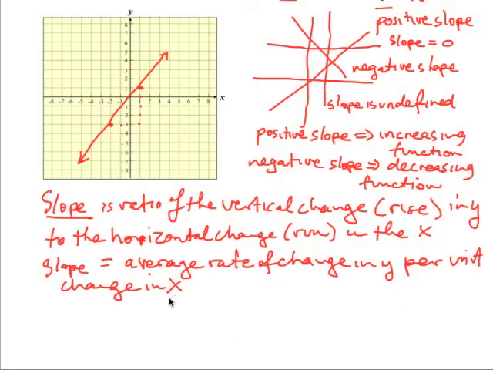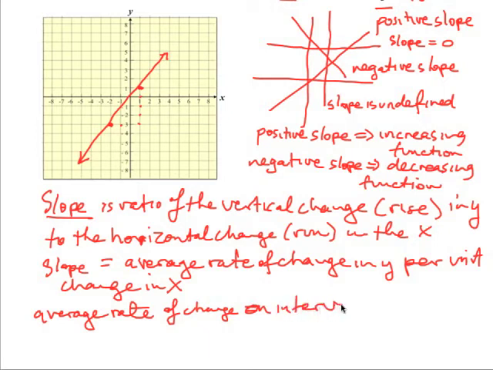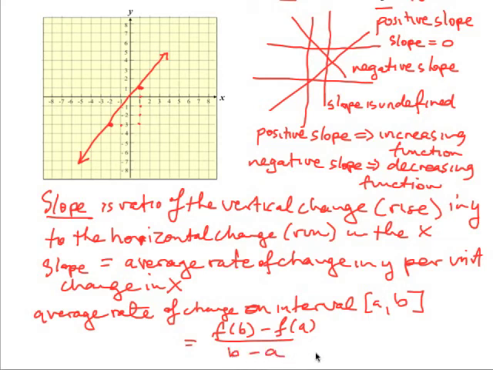in x. So in other words, our average rate of change on a closed interval, say between a and b, is equal to the function value at b, that's y2, minus the function value at a, which is y1, over b minus a.